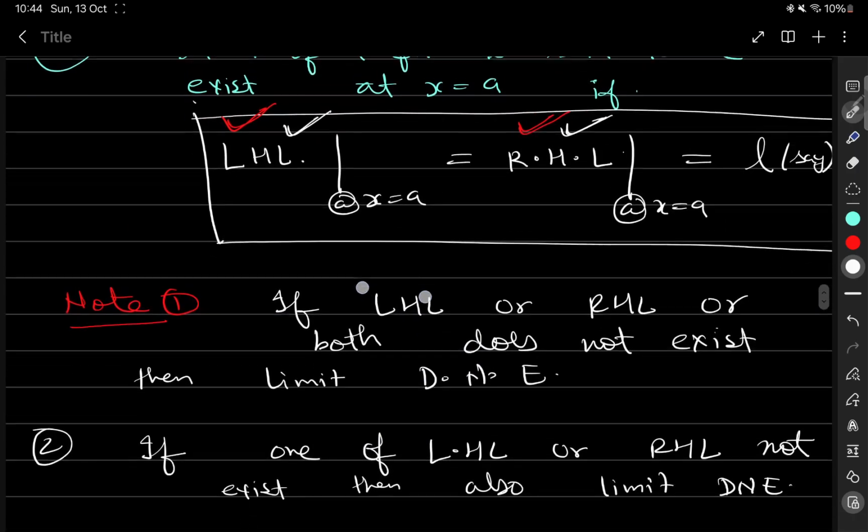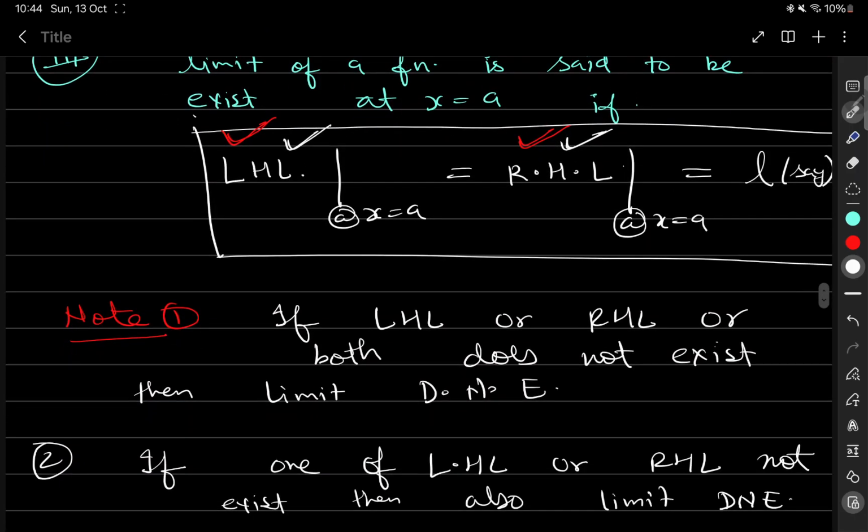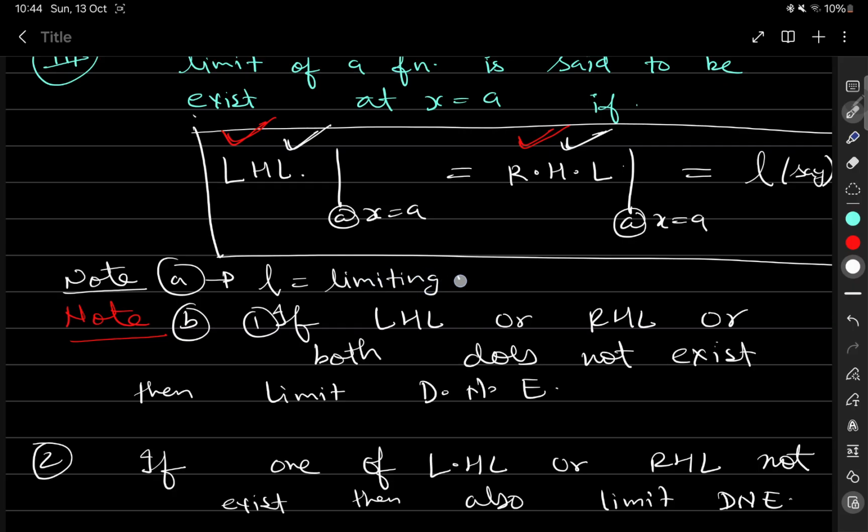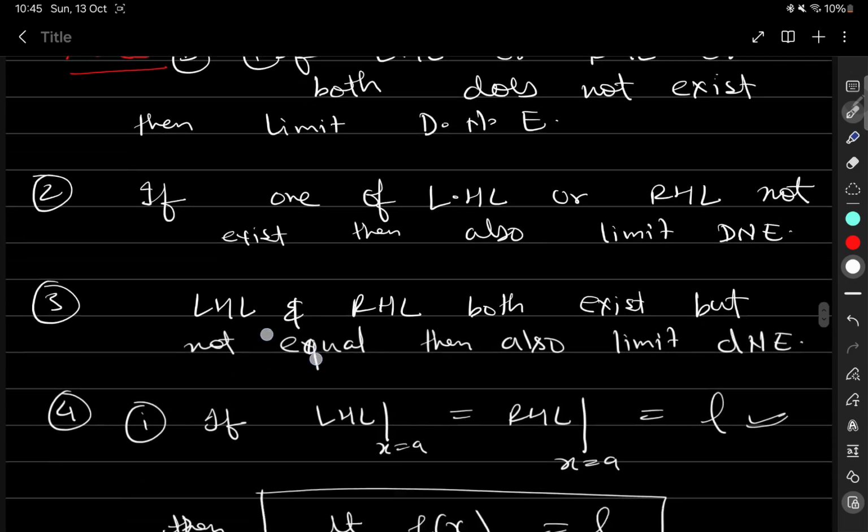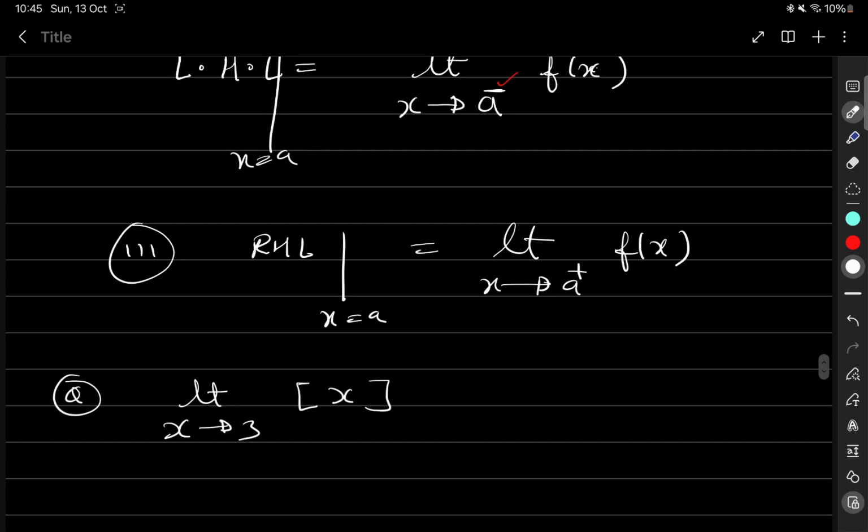Call this note A, and this one B. So what is L? L is known as the limiting value, or value of limit at x equal to a. This L is known as the limiting value. That 2 we got in the first question is known as the value of limit or limiting value.